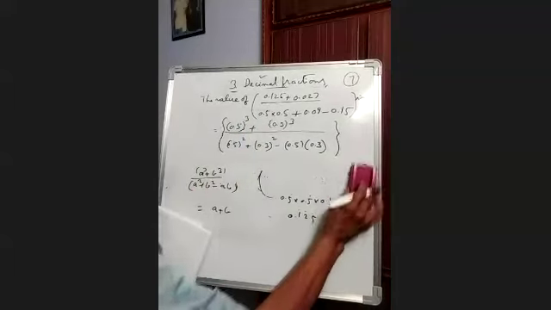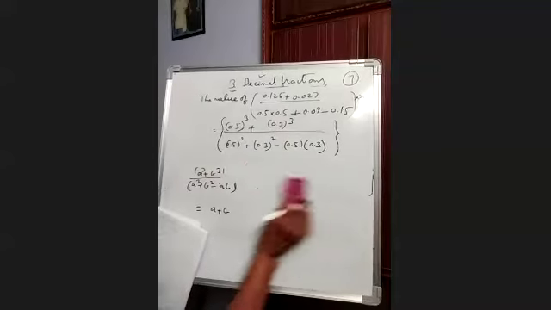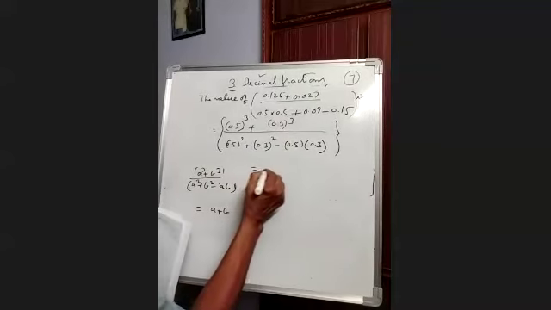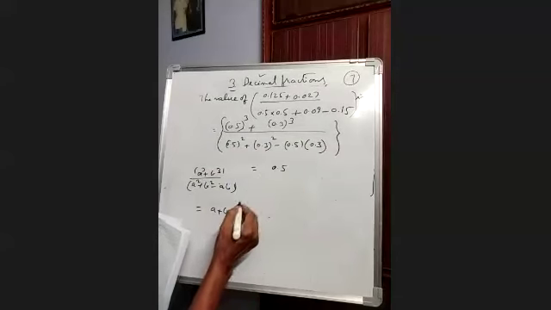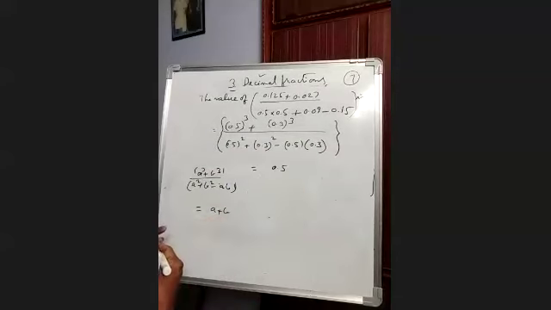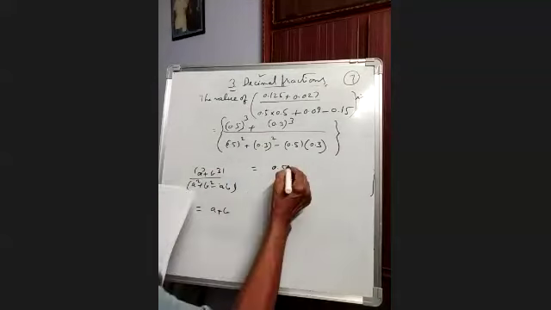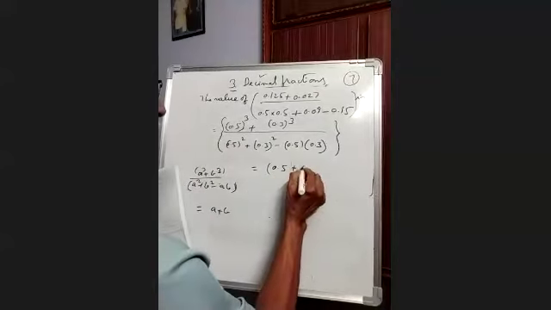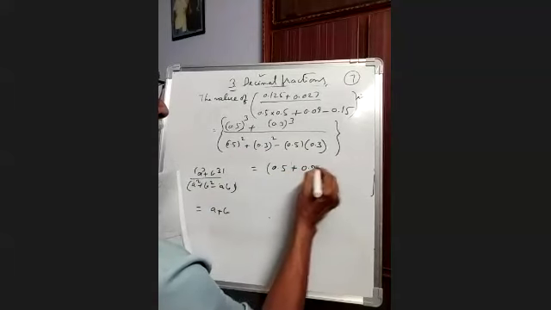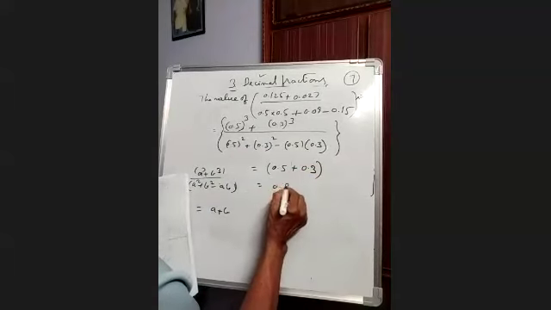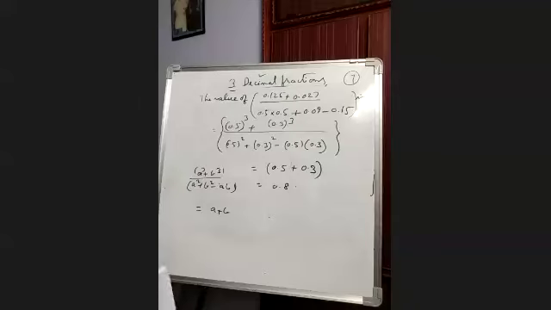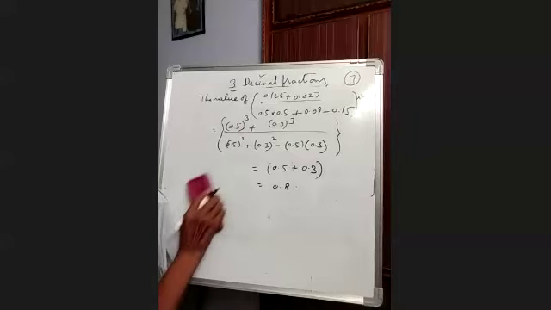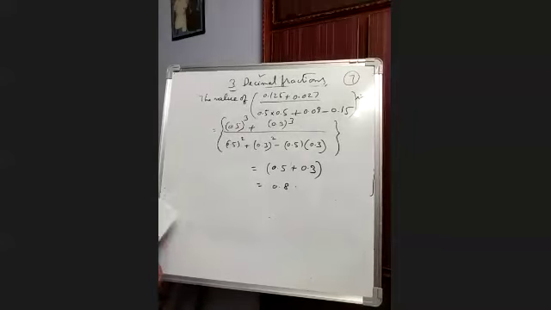A plus B means A will be 0.3, B will be 0.5. 0.5 plus 0.3 will be 0.8. Answer. Next question.